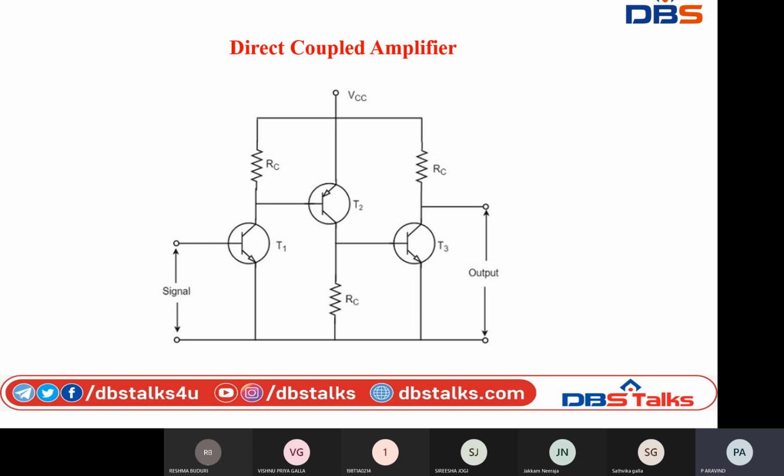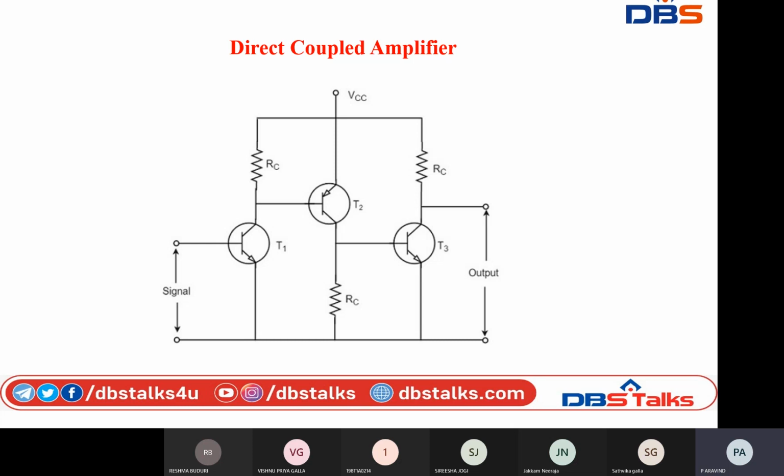This output is applied to the base of the second transistor, T2, which further amplifies the signal, and again the output at stage 2 is connected to the third one, T3. Likewise the signal is amplified in a direct coupled amplifier circuit.